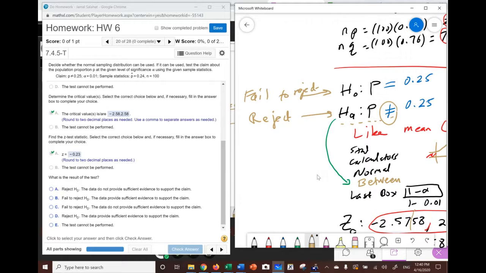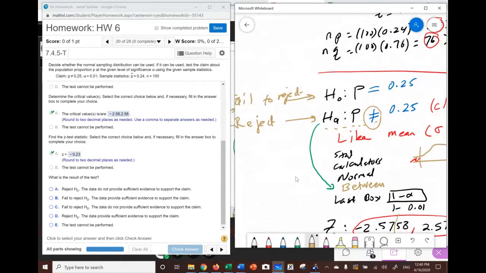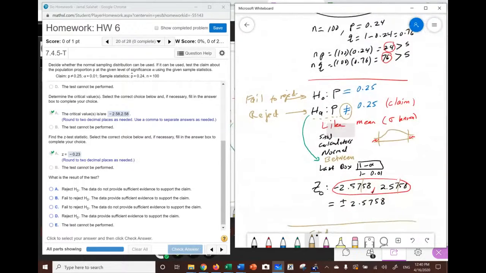But which one of the two statements is the claim? The claim happened to be HA. So as a result, in this case, we're going to take the decision to reject the claim.